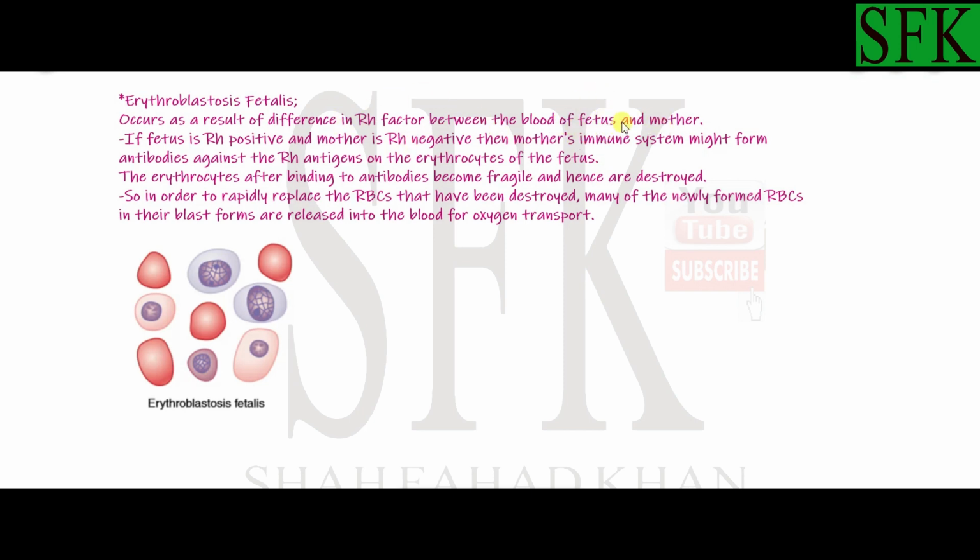If the fetus is Rh positive, if the fetal blood contains Rh antigens, but the mother is Rh negative, the mother's immune system might form antibodies against the Rh antigens on the erythrocytes of the fetus.